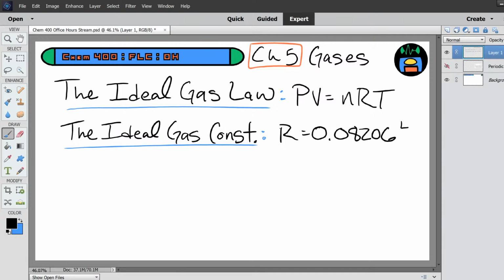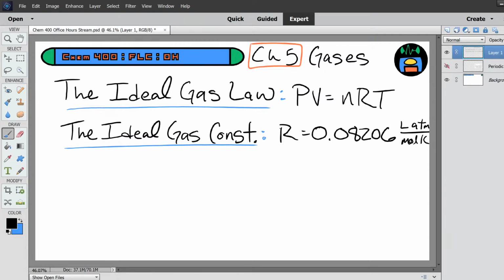The units are liter atmospheres over mole Kelvin. All right. So that is the ideal gas law and the ideal gas constant.